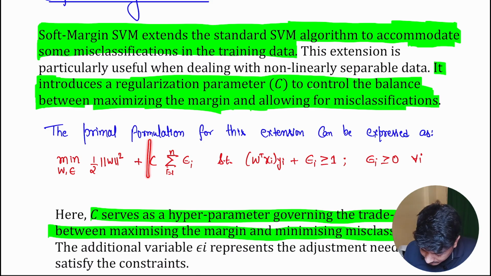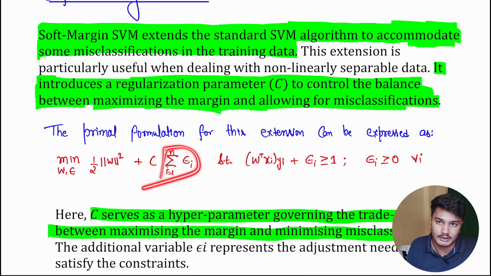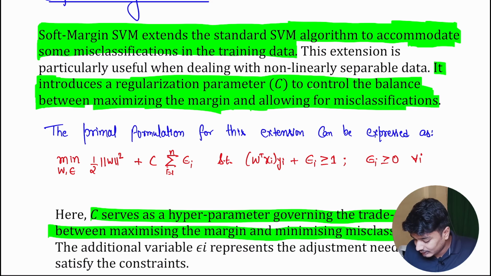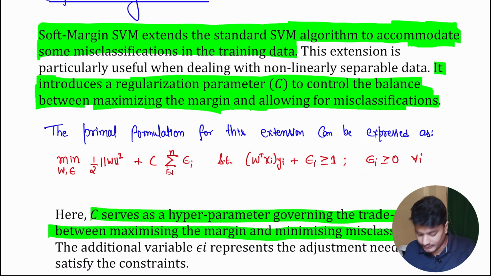So basically, as I said, we introduce a regularizer parameter C. So this is our regularizer parameter, and this is nothing but epsilon. That is equal to this. Such that we have this constraint, all of these greater than or equal to 0. And this is basically the hyperparameter which regularizes the balance between maximizing the margin and at the same time allowing misclassification as well.